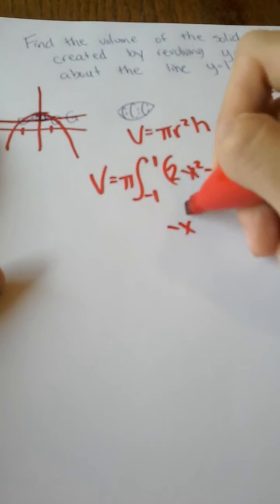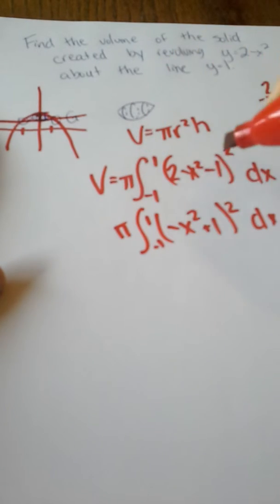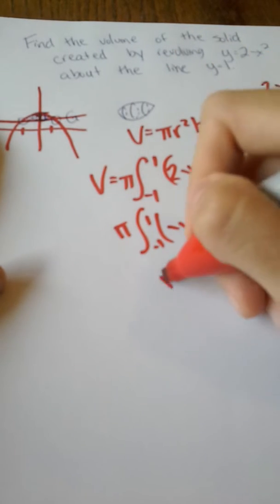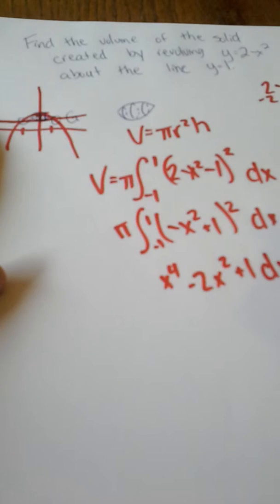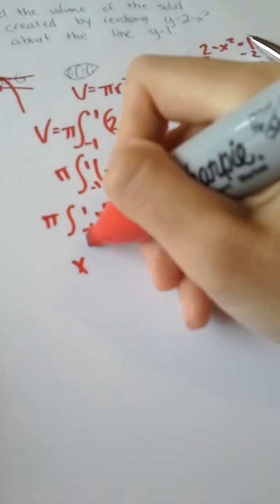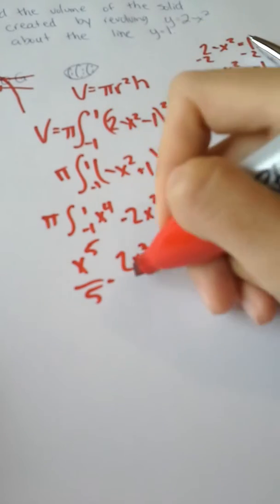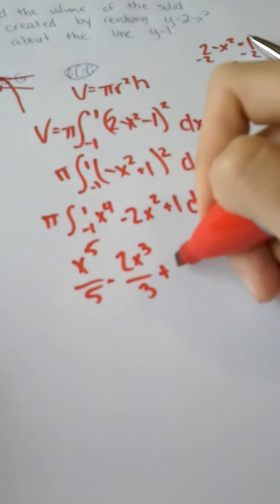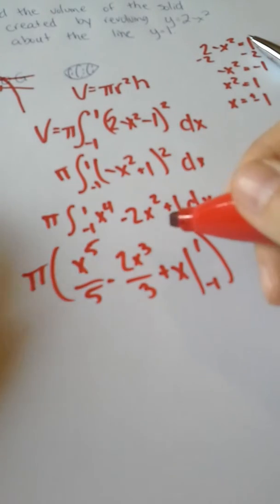So it'll turn to negative x squared plus 1 squared. Square that out, I get x to the 4th minus 2x squared plus 1, and then add 1 to the new power, divide by the new power. And then I can go ahead and plug in.